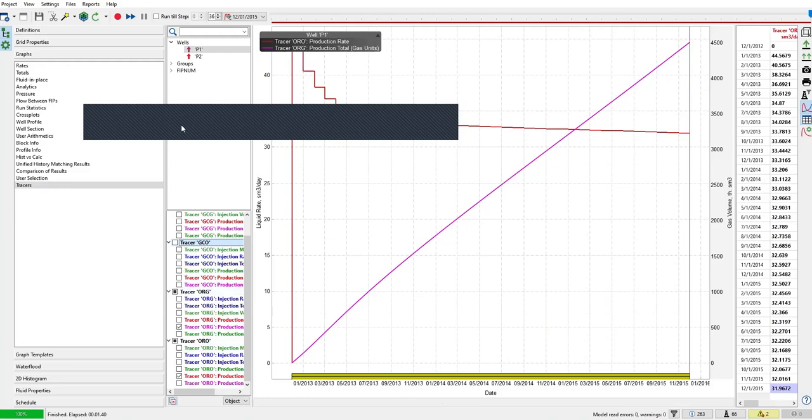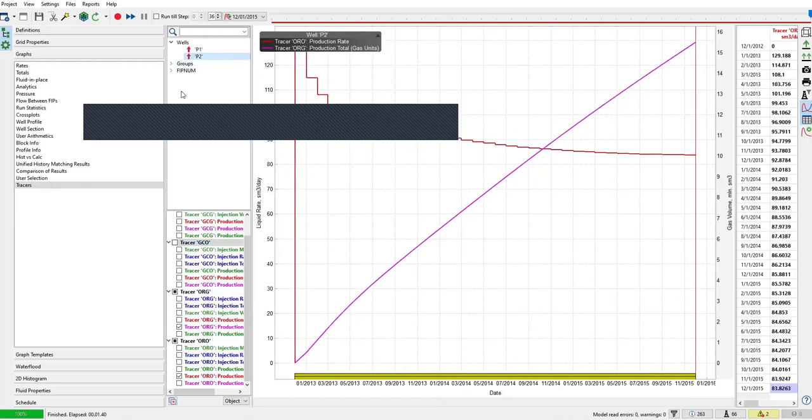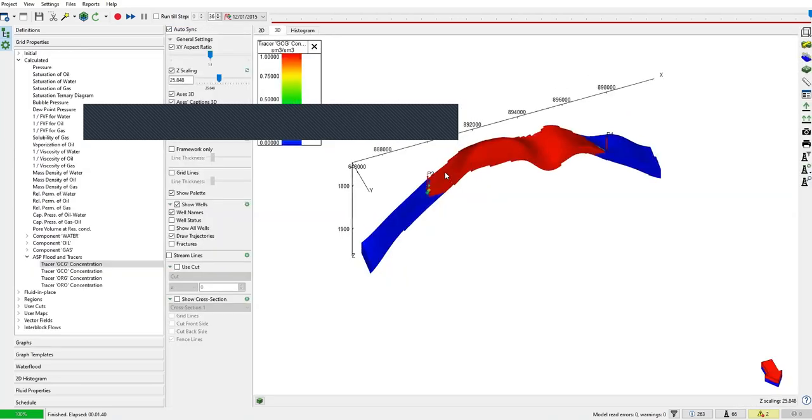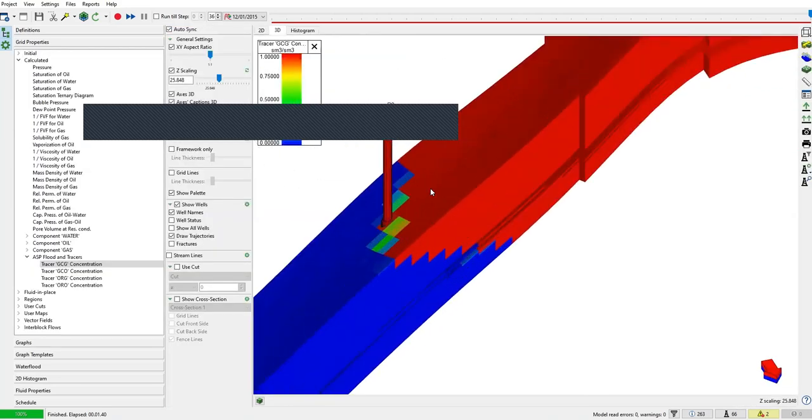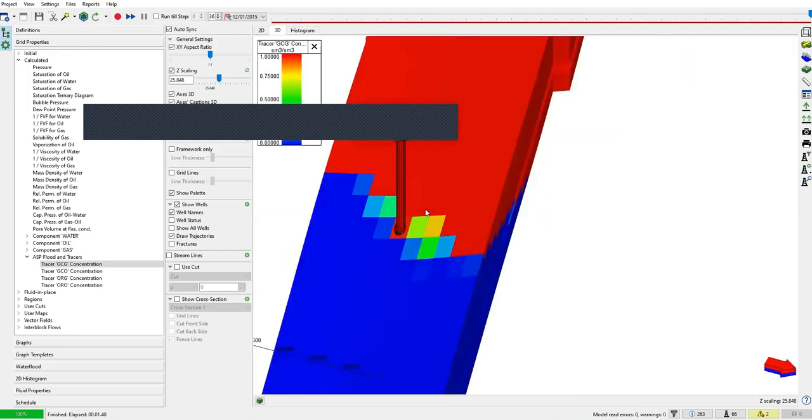And of course, the same way with P2. Very early in the initial time of the production, readily the oil and the gas from the oil rim are produced by the two wells. Okay, you see here, very easy, right?